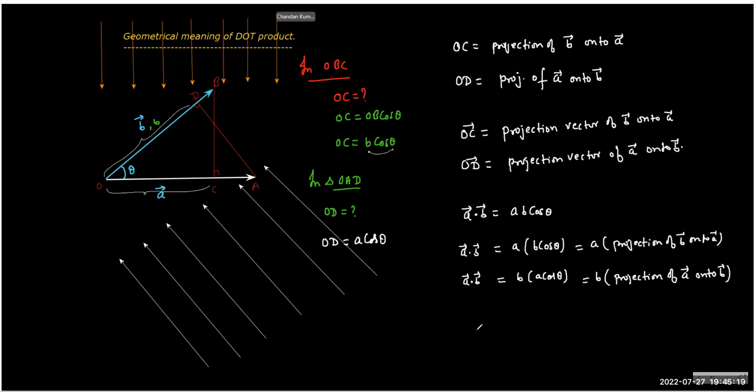And therefore, if I want to know the value of projection, so projection of B onto A will be how much? So I can use this relation. And can I write this as A dot B divided by A?